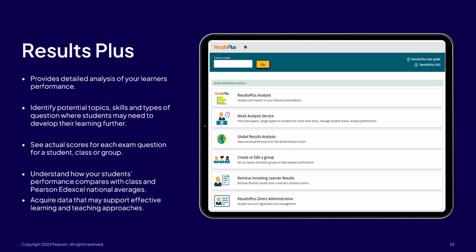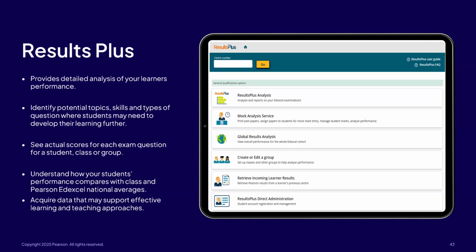Again, if you already use Pearson, you will know about this. But if you're not, it's a useful feature. Obviously, now all of the marking is done remotely by examiners, on screen, and nobody sits with an exam paper and a red pen anymore like we used to.